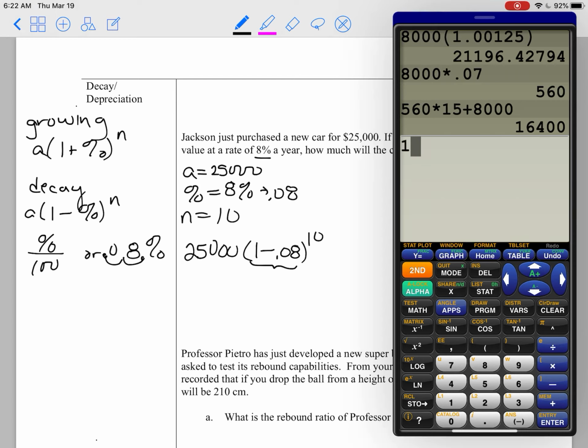All right, so 1 minus 0.08 is 0.92. By the way, guys, that 0.92 is your multiplier. The 8% is your interest or your percent, but 0.92 is the multiplier.